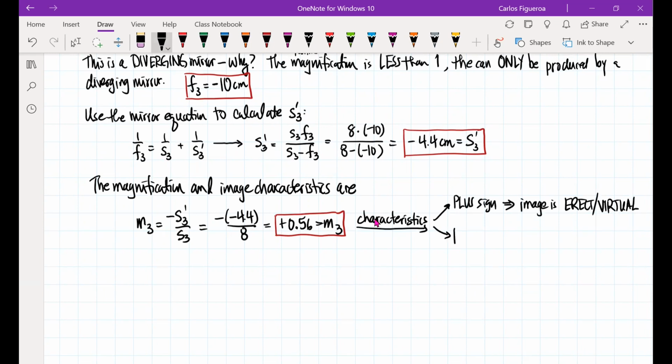And the fact that its magnitude is 0.56, that tells us that the image is smaller. So now what's left here is that we need the ray diagram.